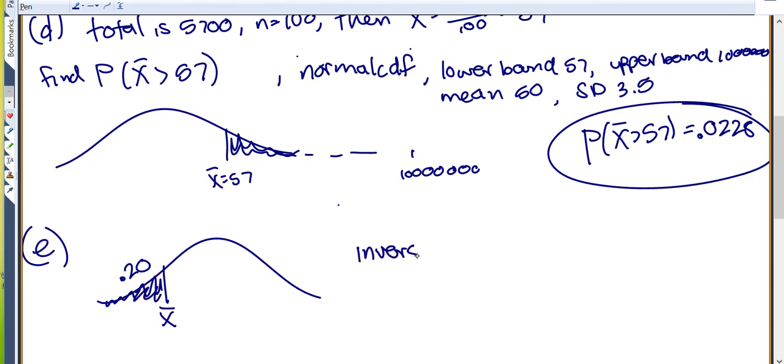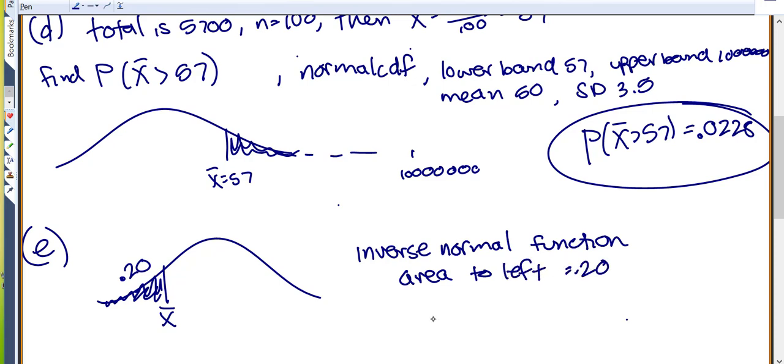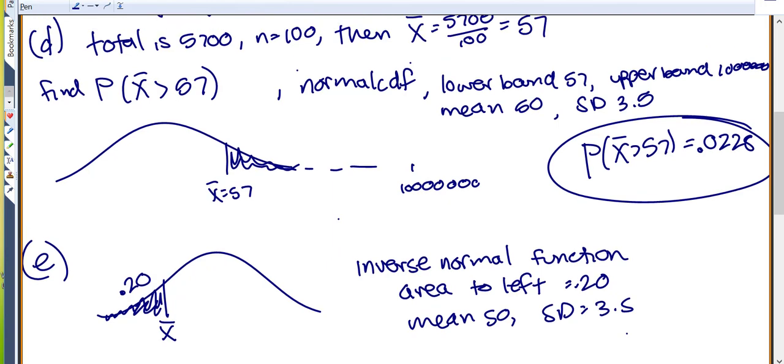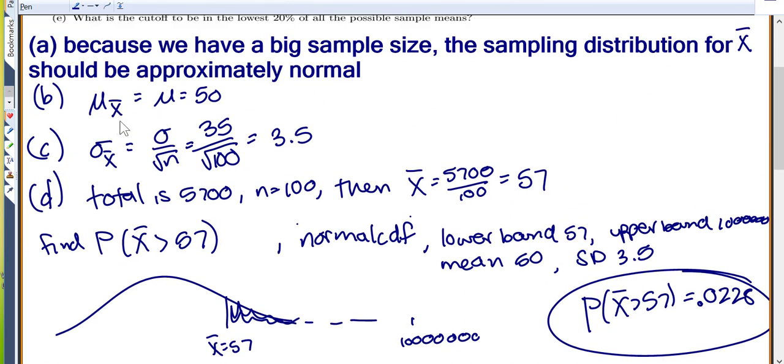Because we know our probability and we want to find the x value instead, we'll use the inverse normal function in our calculator. We'll do area to the left equals 0.20, and again, our mean of 50 and a standard deviation of 3.5. Usually the hardest part here is knowing what the mean and the standard deviation are.